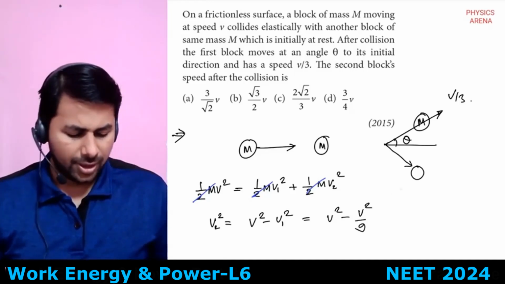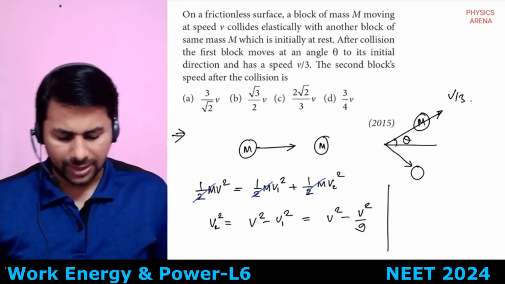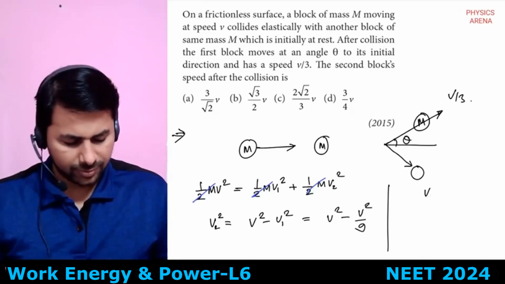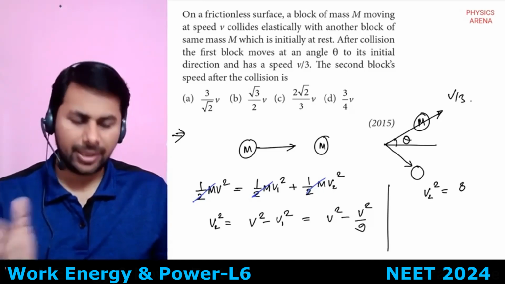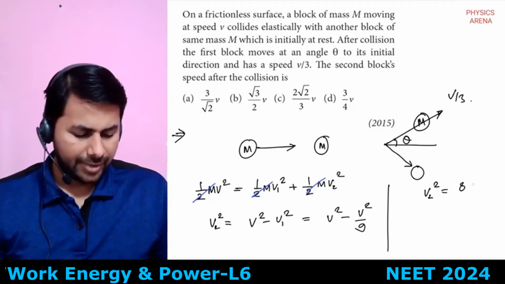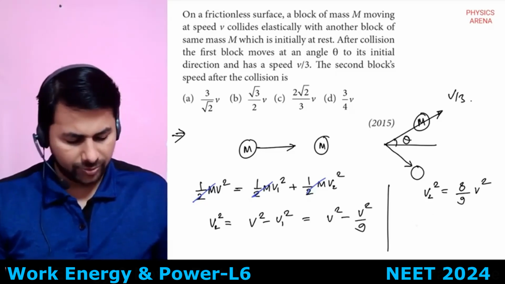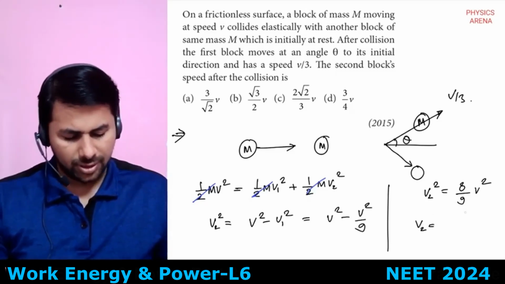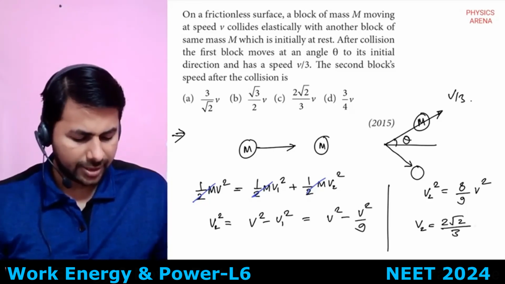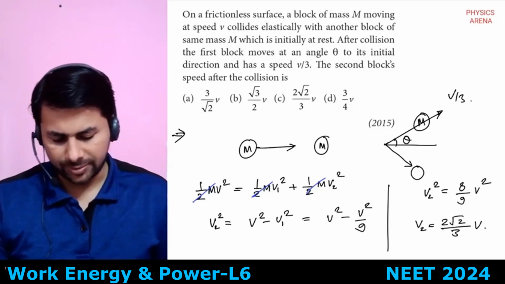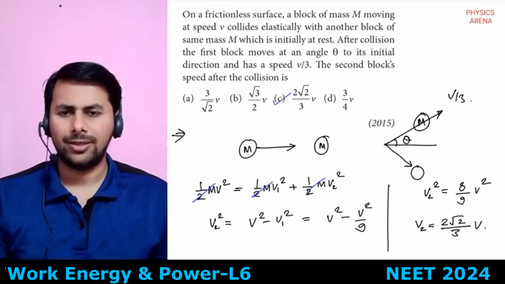So v2 square is 1 minus 1 by 9, 8 by 9 of v square, and therefore v2 equals 2 root 2 divided by 3 times v. This is the answer, right? Option C.